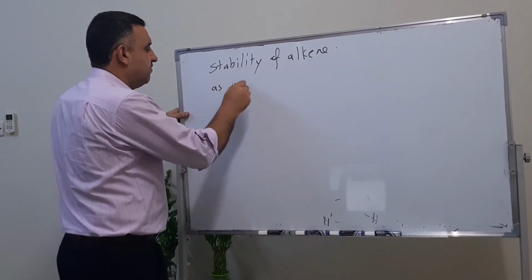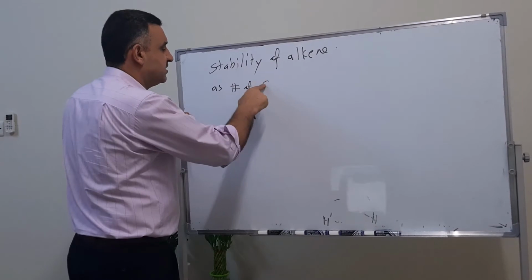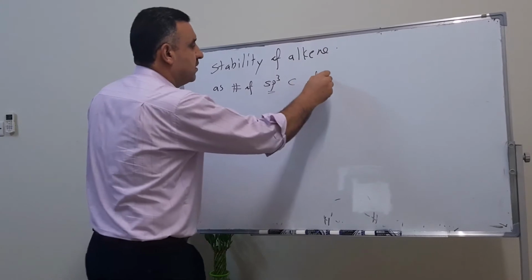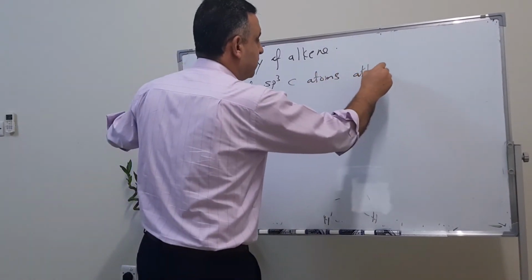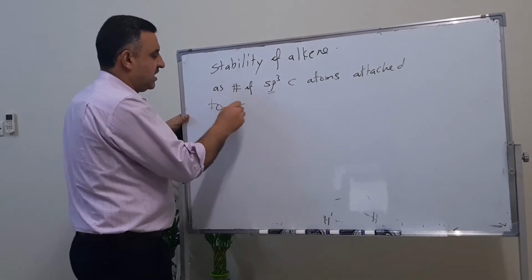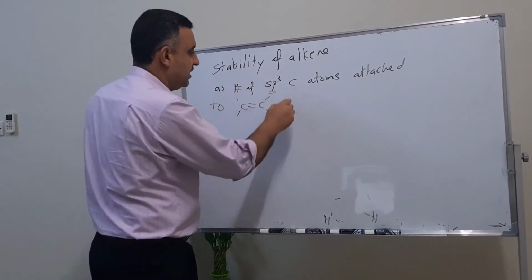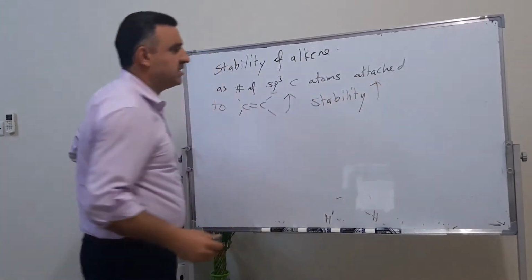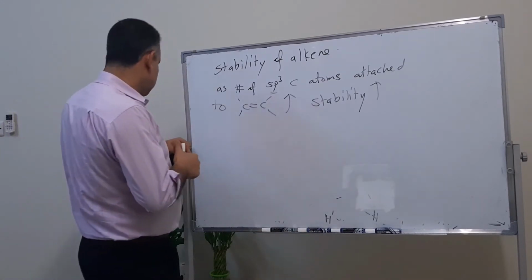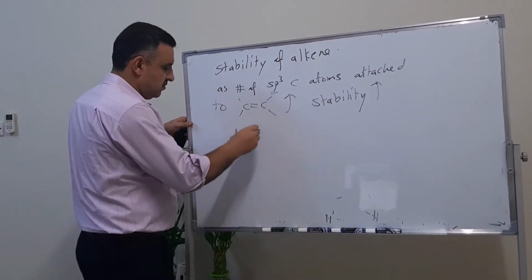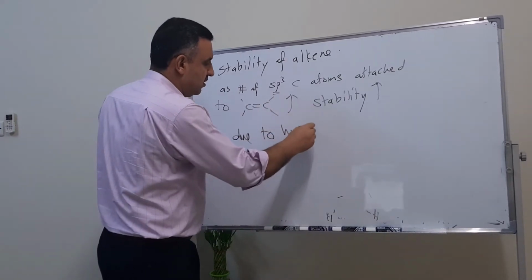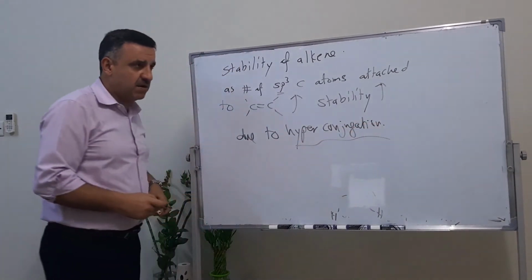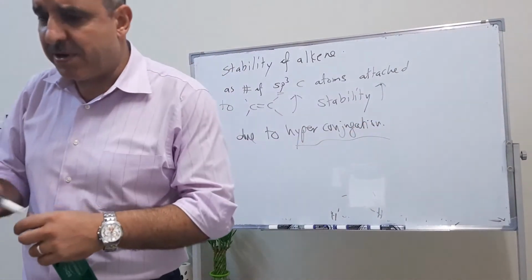As the number of sp3 carbon atoms attached to the carbon double bond carbon system increases, stability increases. Why is that? Due to what we call hyperconjugation. We'll explain now what the meaning of hyperconjugation is.